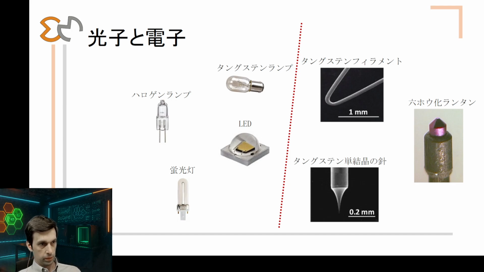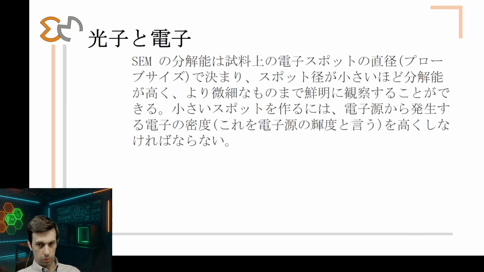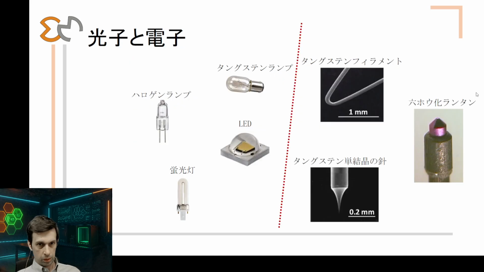And speaking of light sources, in the optical microscope, we still use halogen lamps, tungsten lamps, fluorescent lamps, and LED lamps, with LED lamps becoming more and more common over time. While in electron microscopes, we usually have only 3 types of sources.